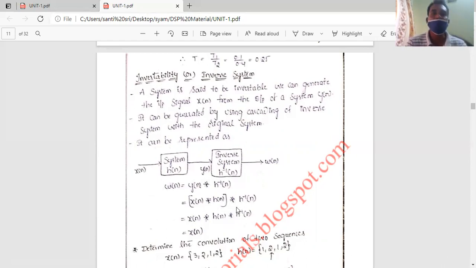Now we can write this as x of n convolved with h of n convolved with h inverse of n. h of n convolved with h inverse of n will give 1. So it is x of n. So x of n can be generated from the output of the system y of n. This is called invertibility or inverse system. So from omega of n, x of n can be generated.